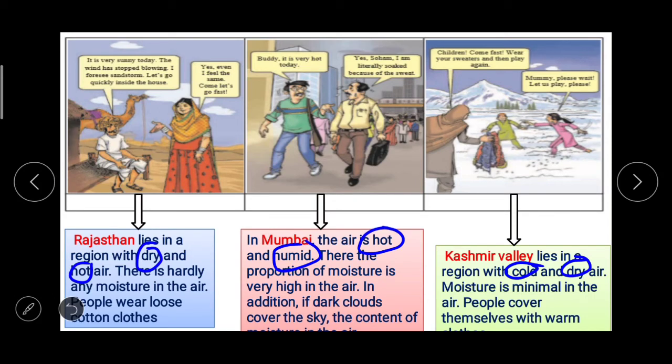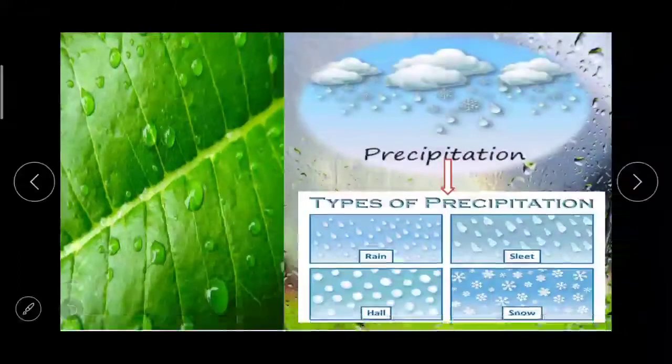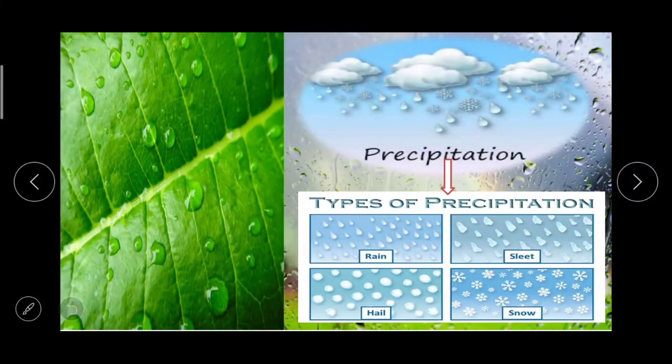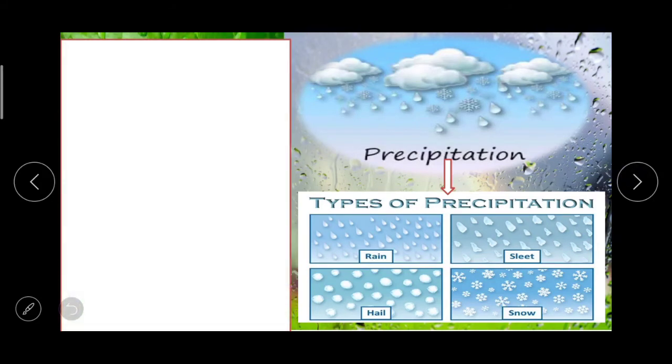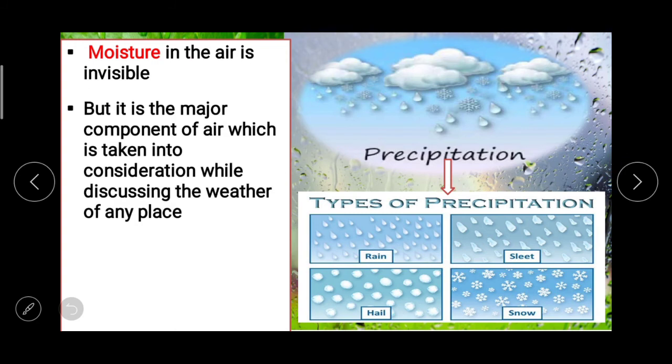So in the discussions given in all these pictures, the words hot, moist, cool, etc. show the condition of the air. They relate to the content of the moisture in the air, which is the major component of air considered while discussing the weather of any place.